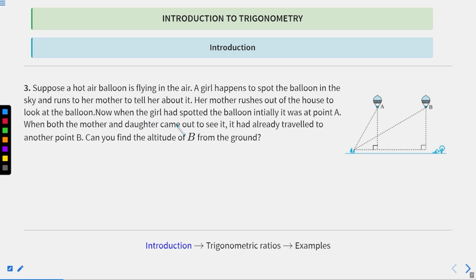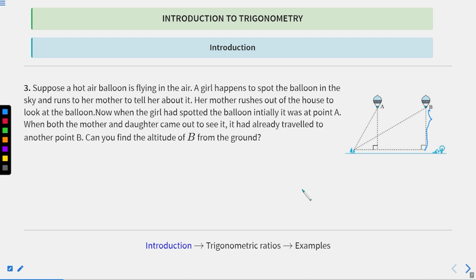When the girl had spotted the balloon initially, it was at point A. And when both the mother and daughter came out to see it, it had already traveled to another point B. Now can you find the altitude of B from the ground?